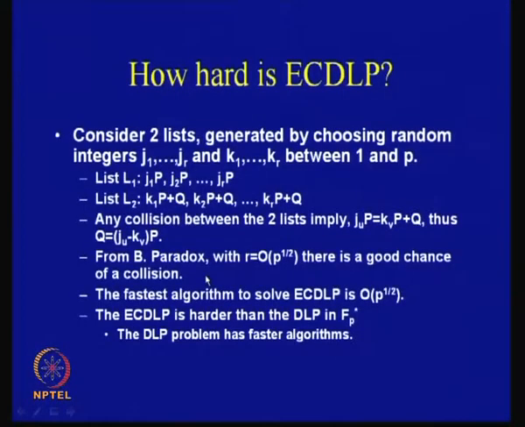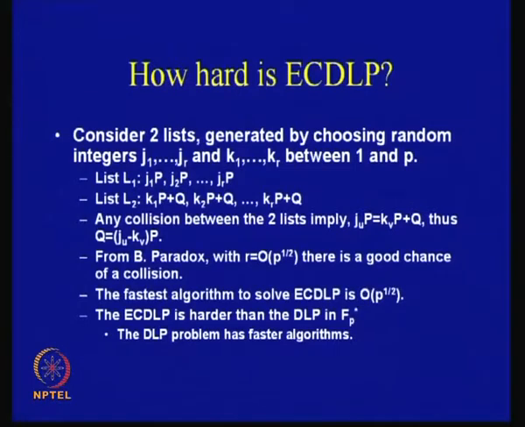Now, the question is how hard is the elliptic curve discrete log problem. Okay. See, we have studied previous algorithms, like RSA and ElGamal cryptosystems. We actually did not go much into the cryptanalysis of ElGamal cryptosystems, but there are algorithms which are better.